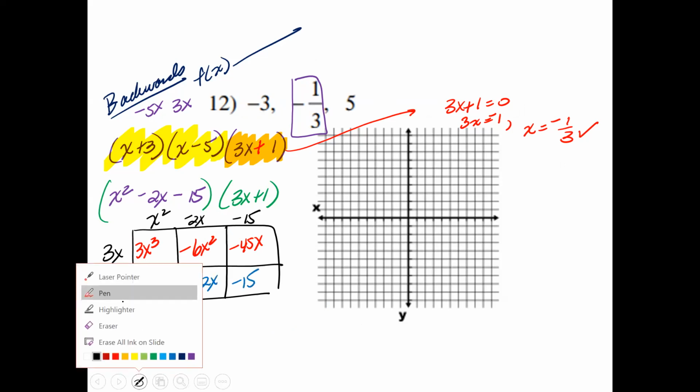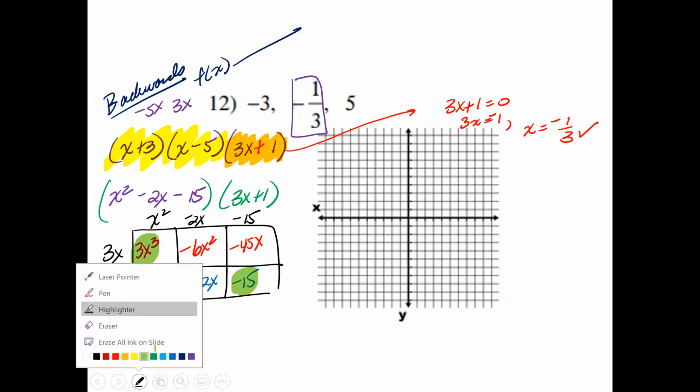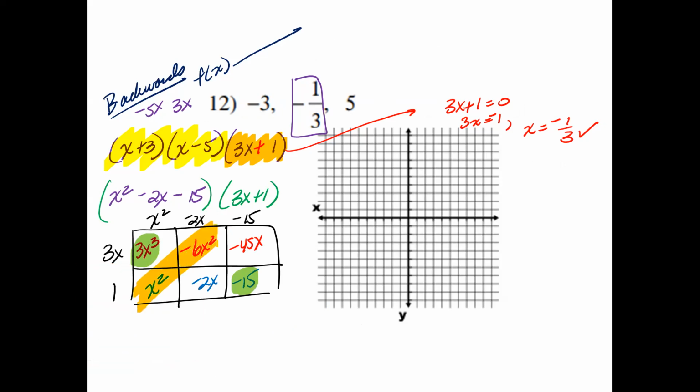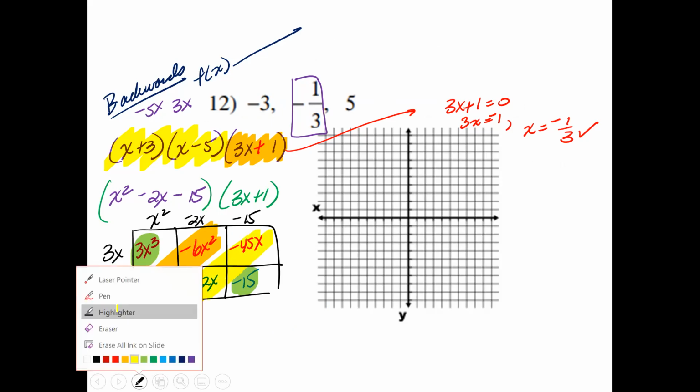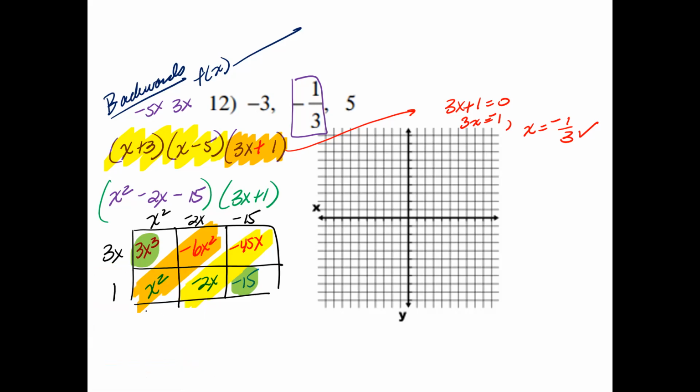Now, you guys know that your first answer is always going to be the upper left-hand side. Your last answer is going to be the bottom right-hand side. And then your answers in between are going to be diagonals. So you have to combine the diagonals, and I'm highlighting yellow and orange. So then your first answer is 3x cubed minus 5x squared minus 47x minus 15.